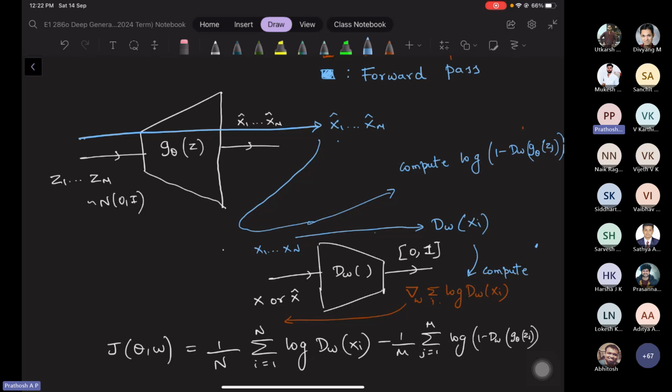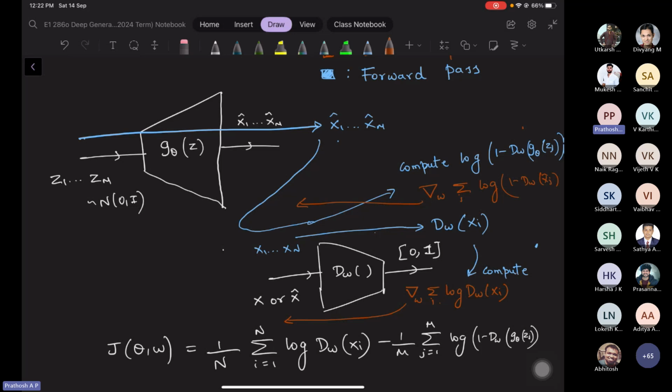Compute this and then backpropagate to the discriminator.